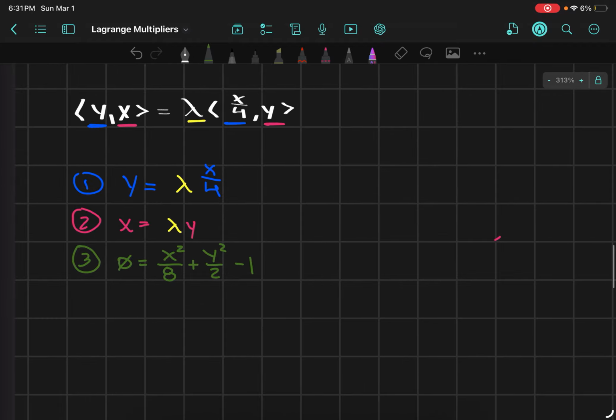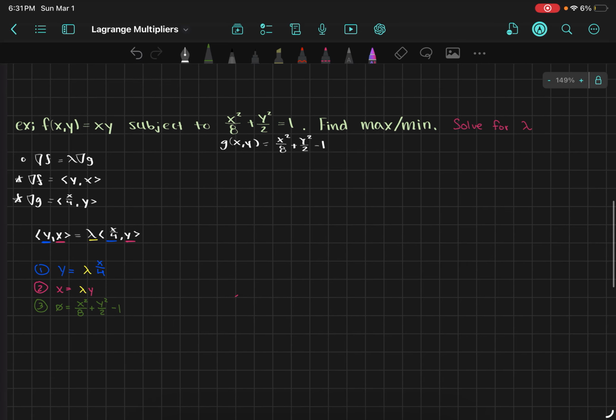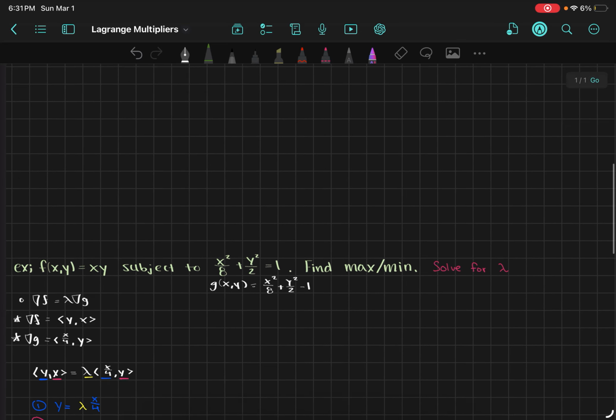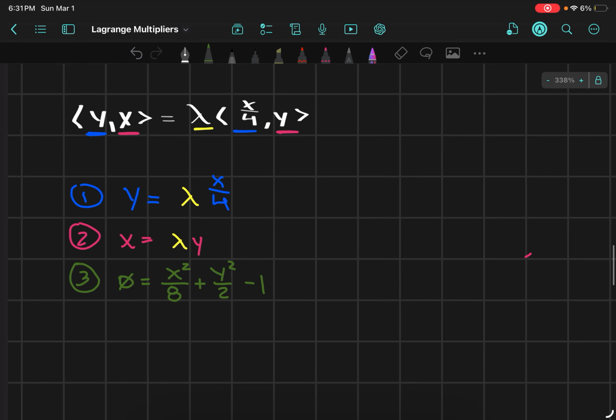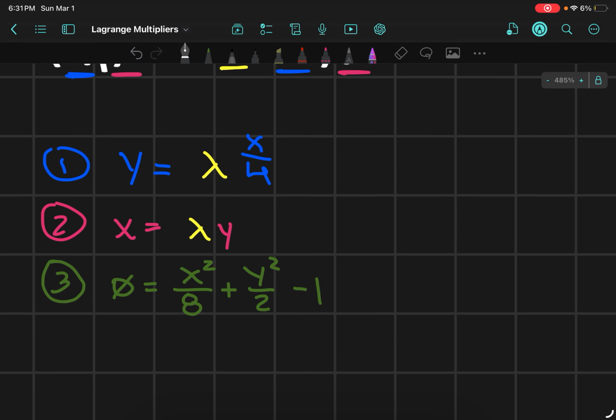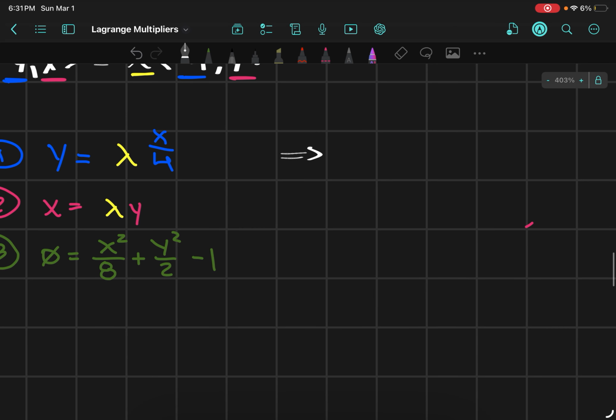We have three equations, and we have our total system of equations. So what are we going to do here? We're going to solve for lambda. That's step number 2. There's no lambda in our third equation, the constraint, so we can't use that. Let's solve for lambda in our first equation.